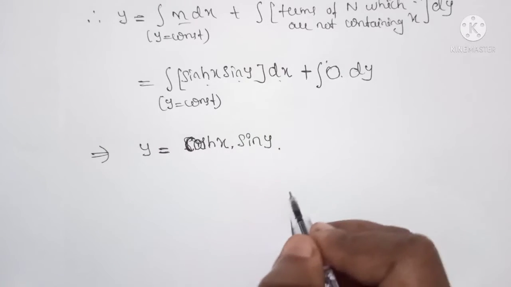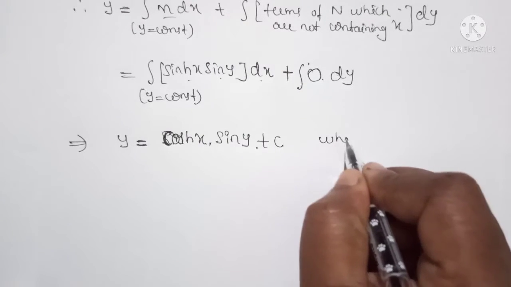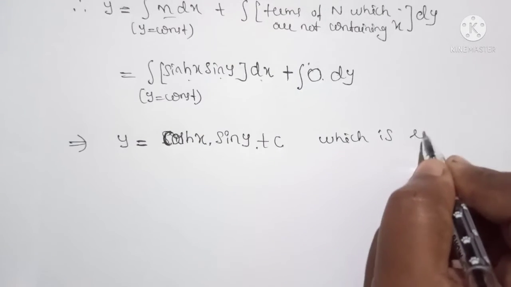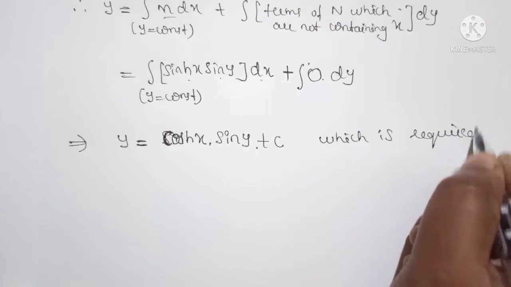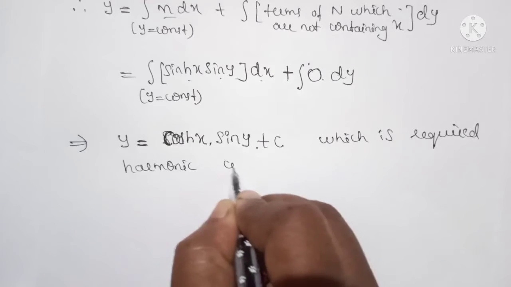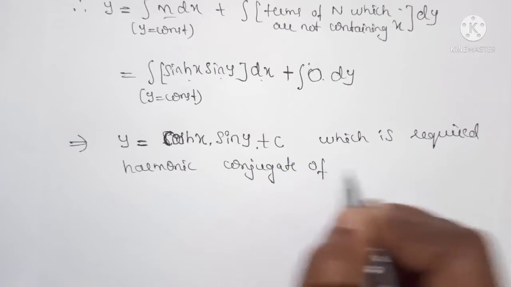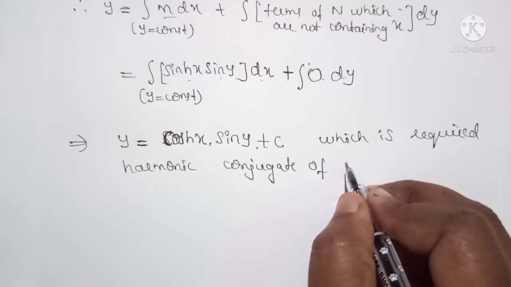So this is the required harmonic conjugate of u.